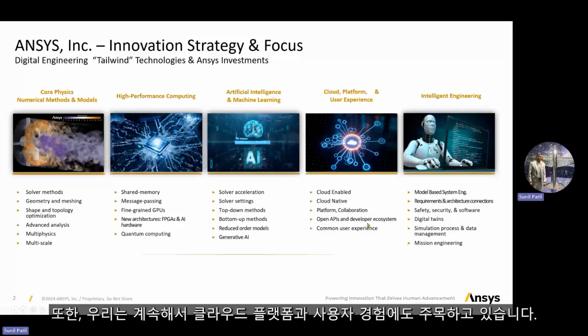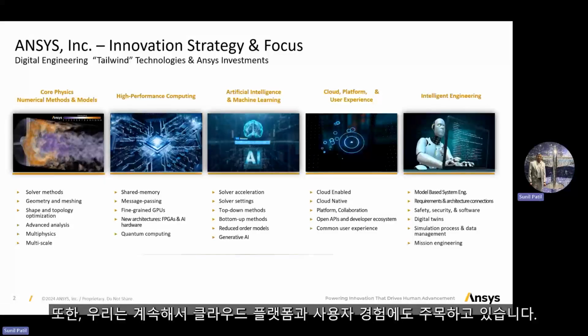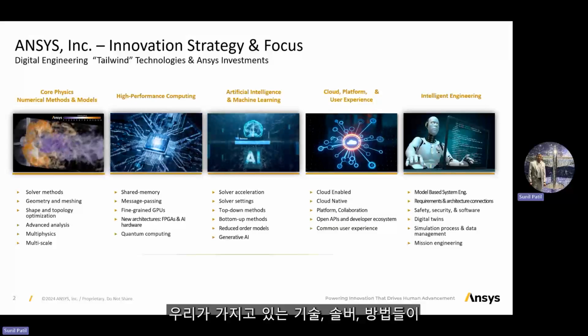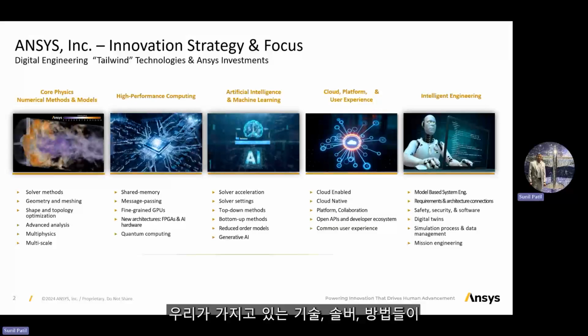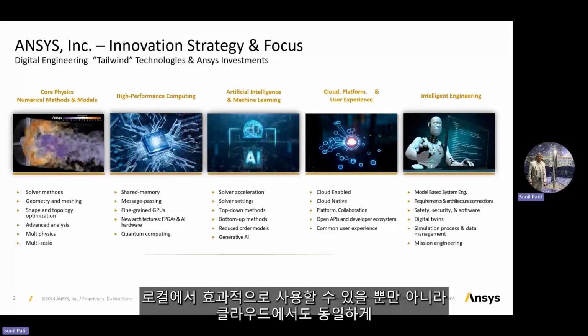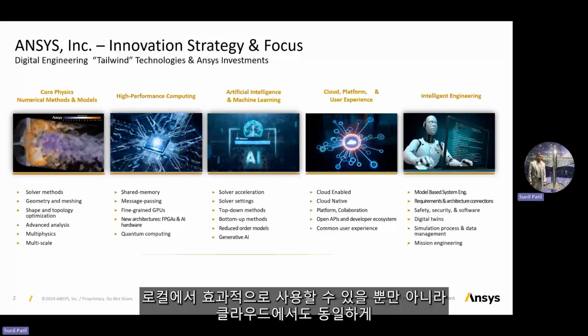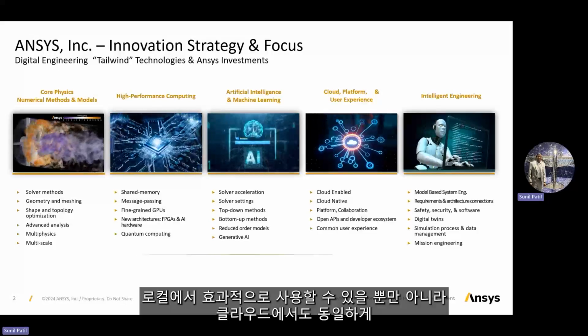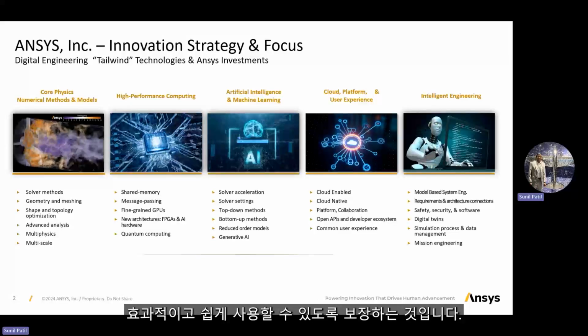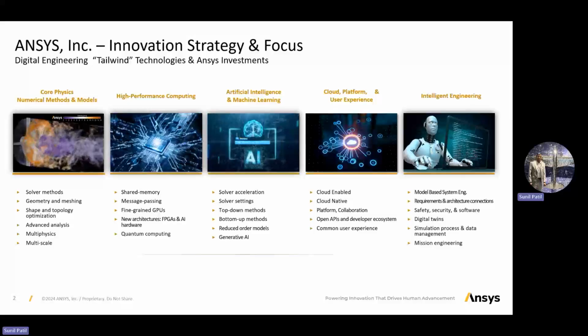We also continue to focus on the cloud platform and the user experience. We want to ensure that the technology, the solvers we have, the methods we have, not only can be used locally on edge effectively, but also can be used equally effectively, equally easily on the cloud.